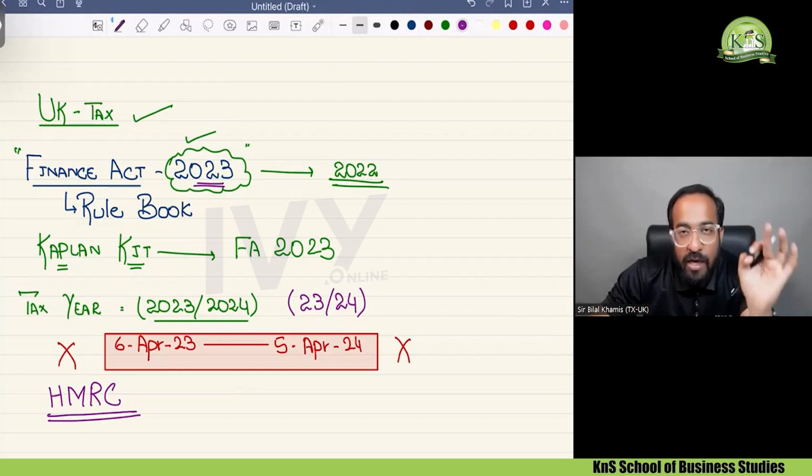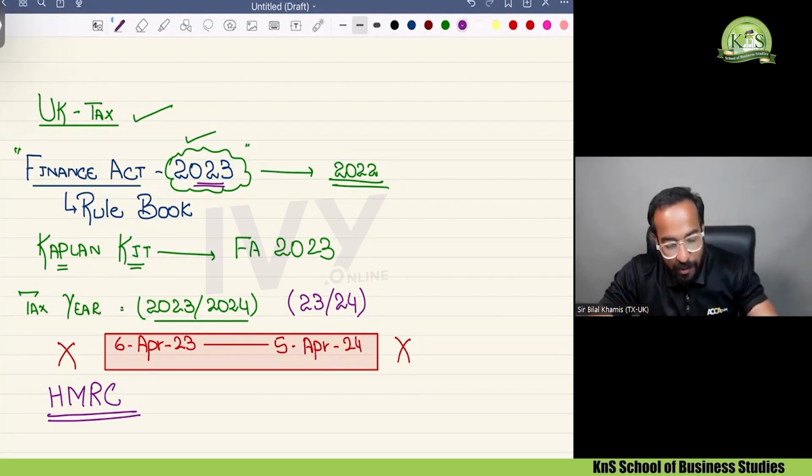The function of HMRC is that it deals with all the tax-related affairs in the UK, such as who has paid the payment, who has not paid yet, the fines, the penalties, the deadlines, the collection of tax, etc. This is the government body which deals with tax matters. So that's HMRC, right?